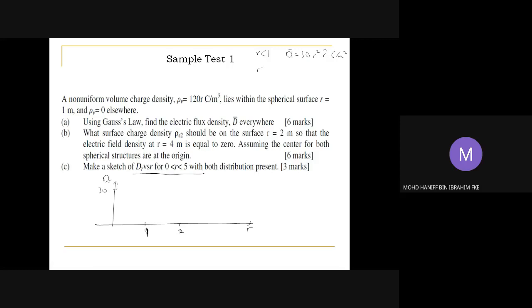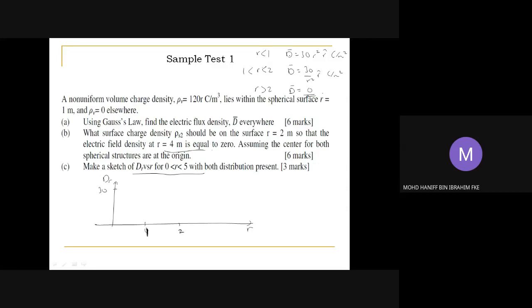For r bigger than 1 and less than 2, the flux density D equals 30 over r squared, direction of r, coulombs per meter squared. And for r bigger than 2, the flux density D equals 0, due to the argument just now.